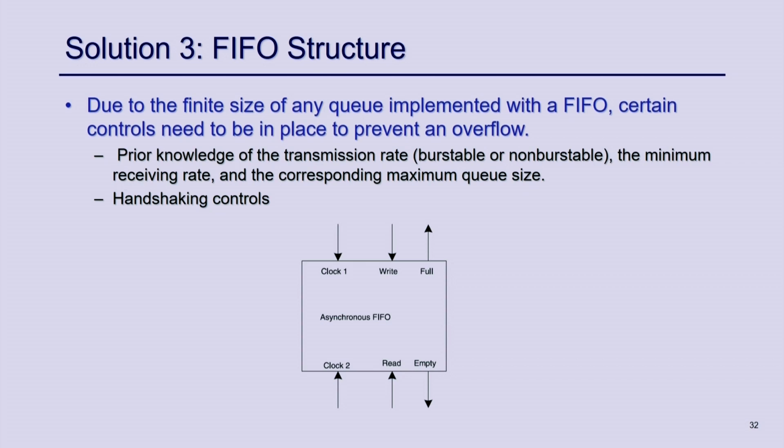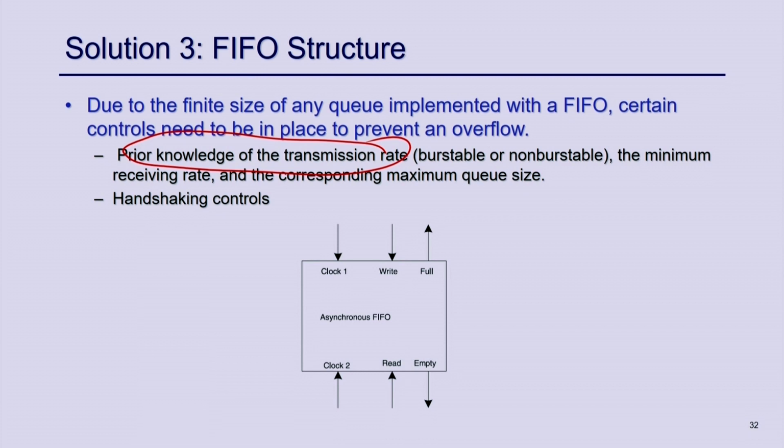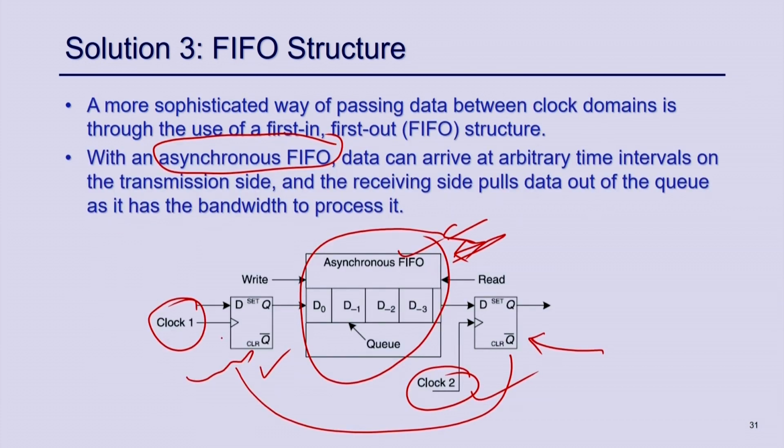One is, if you have prior knowledge of the traffic, and I know that whatever the scenario, the FIFO size will not go beyond 100 or 200, then I can use a FIFO of that size to avoid this overflow. Similarly, the other convenient technique is handshaking, so that when this is full, this process will not write anything, and whenever this is empty, this process will not read anything, right.